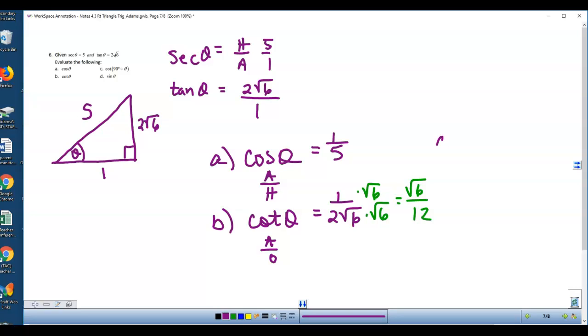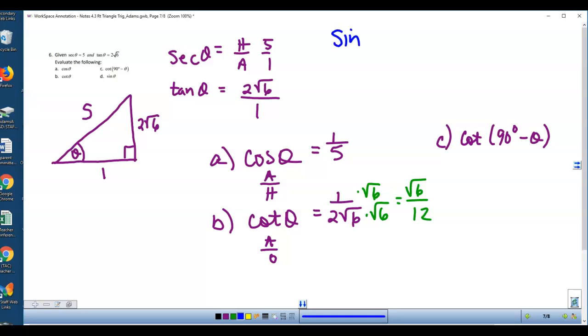Okay, so then we are on to C. So C is cotan of 90 degrees minus theta. And what that means is the complementary angle. And so we have a few identities that we can look at. So I'm going to put these up at the top so that you have them.